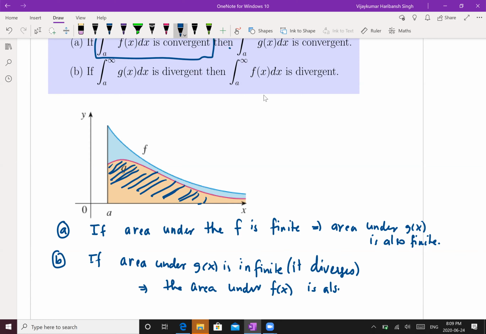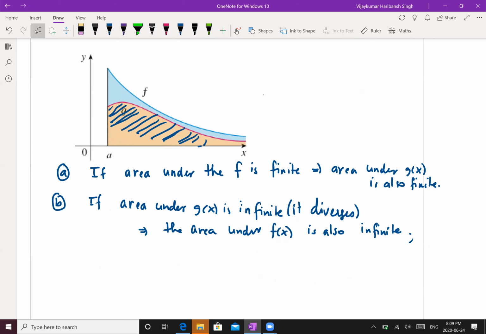Because the area below the curve f of x is bigger than the area below the curve g of x, which is infinite. So therefore, the integral a to infinity of f of x diverges.